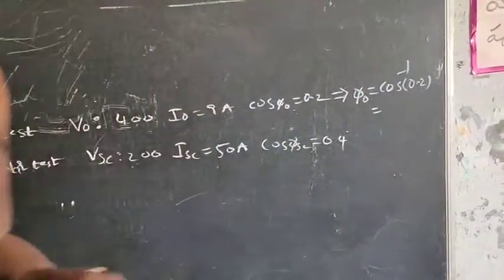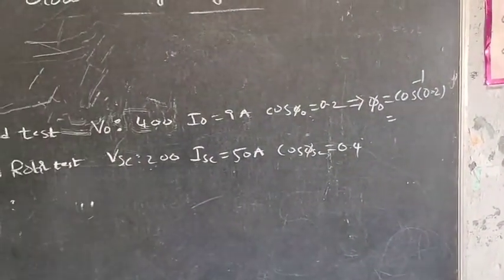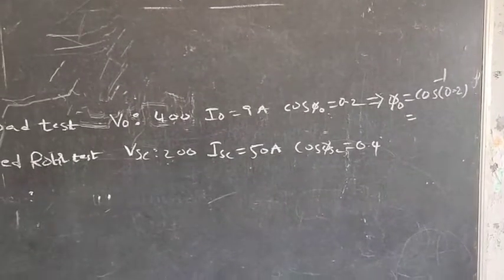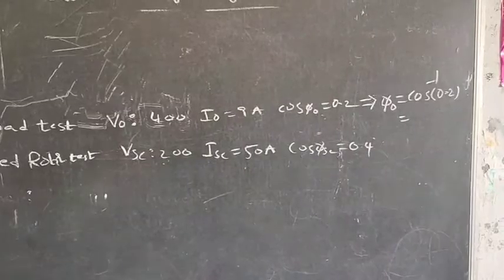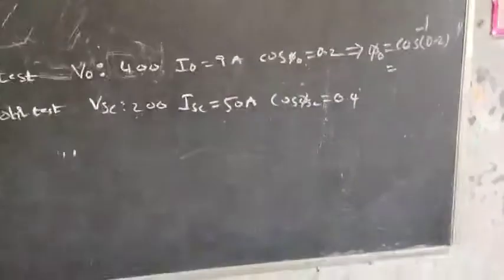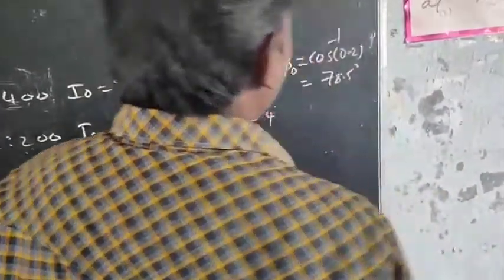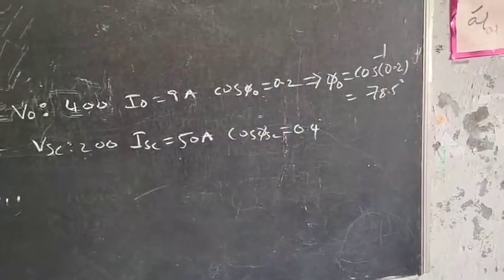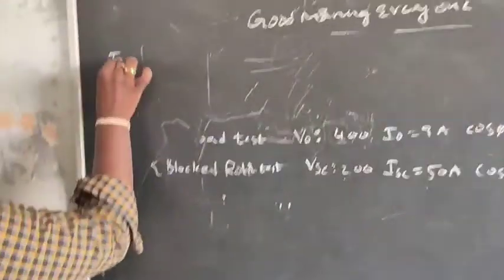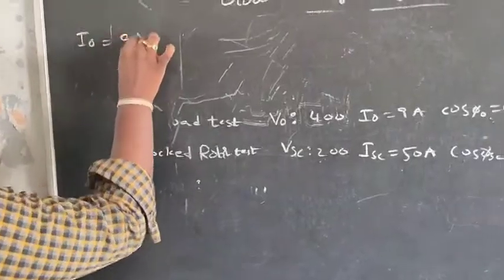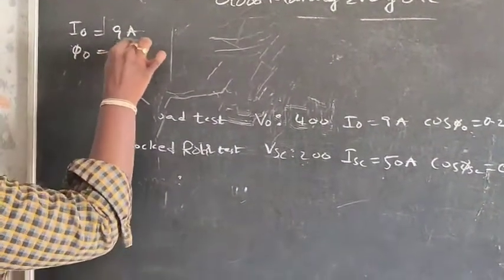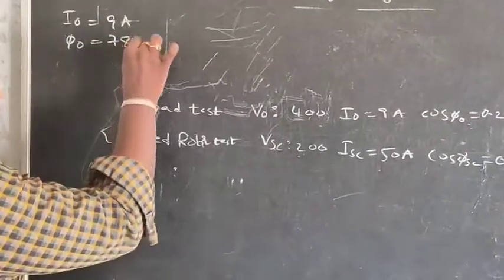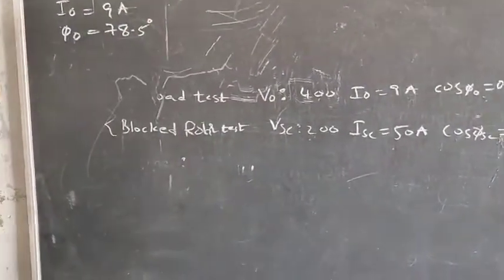By using the calculator, phi naught is 78.5 degrees. So note down, we require I naught equal to 9 amperes, phi naught equal to 78.5 degrees.